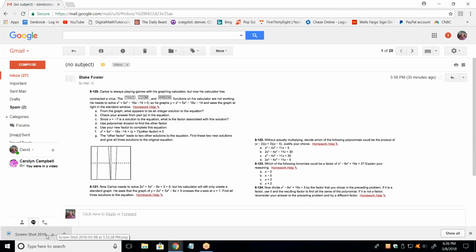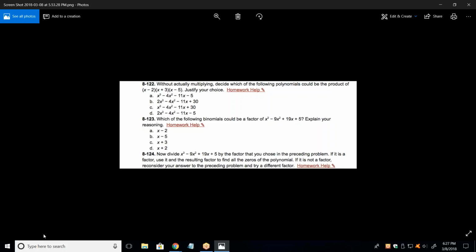I only screenshotted the ones that I wanted to go over. Okay, so you want to do 8.122 next? Yeah, and then I only have a couple more minutes here before I have to go to my track meeting. You tell me when you got to go. I see it's 6:27. So you tell me. Okay. I'll get through as many of these as I can.